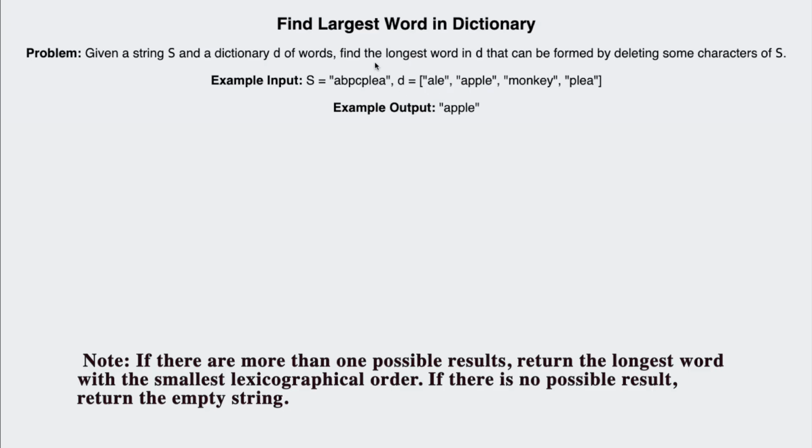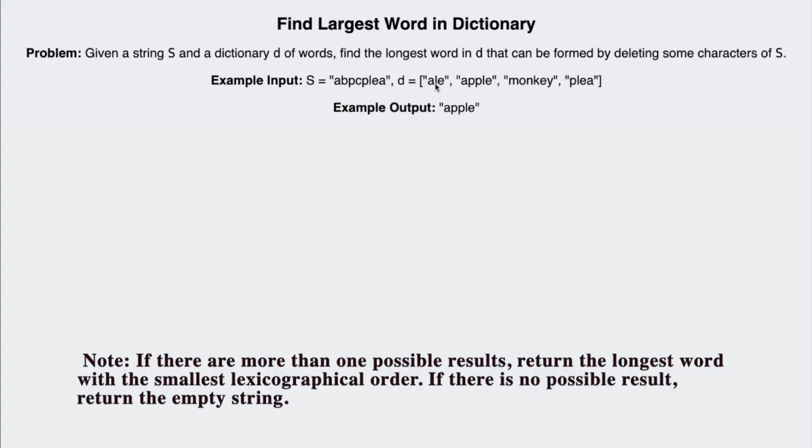Now what we need to do is find the longest word in D, that is this dictionary, that can be formed by deleting some of the characters of S. For example, consider the first word in the dictionary, ALE. All the characters of this word should be present in this string and they should follow the same sequence as in the original word.